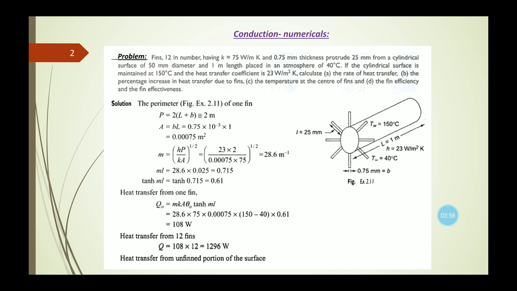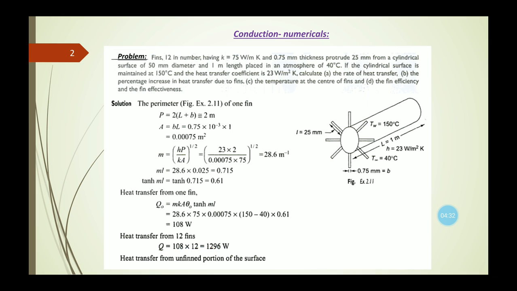Now the perimeter of one fin can be calculated from the formula of the perimeter, which is 2 into (L plus B). Now the length and breadth are given here, so the perimeter we can calculate as 2 meter. Now the area of the fin can be calculated by using the formula B into L. So the area we are getting is 0.00075 meter square.